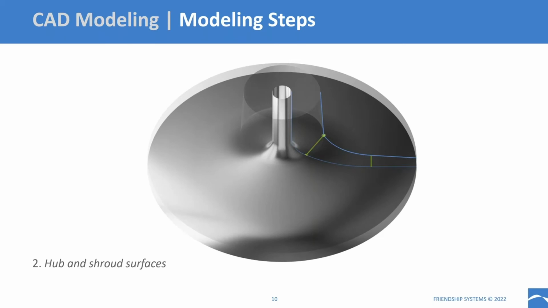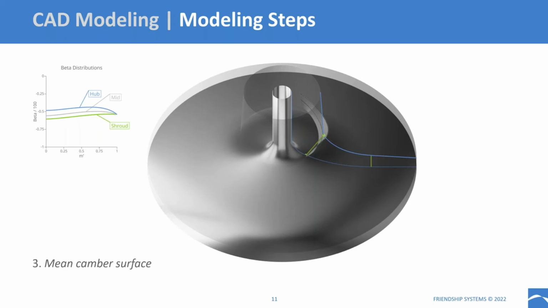Then we can basically revolve the hub and shroud contour to generate these surfaces. And in the next step, this is very important, we can start generating the impeller blade by defining the mean camber surface. And the mean camber surface is defined by blade angle distributions.